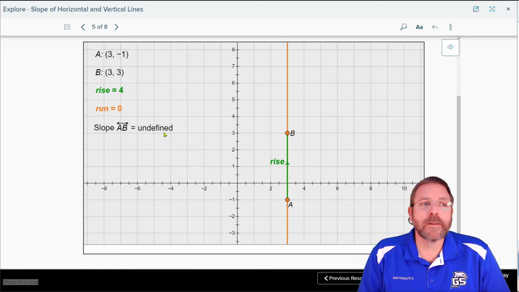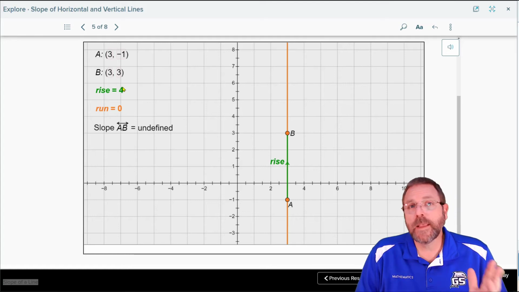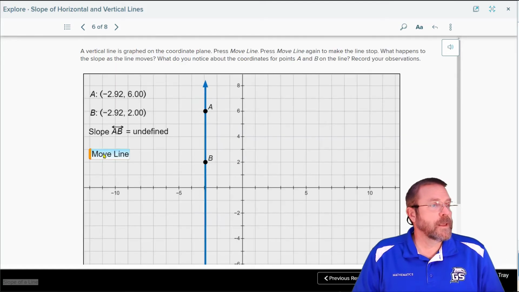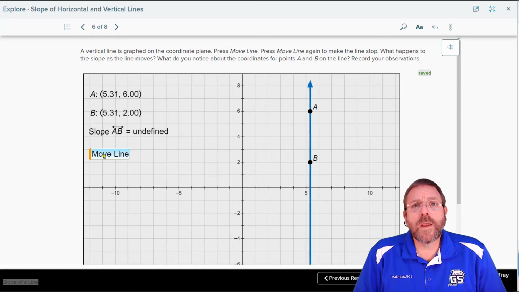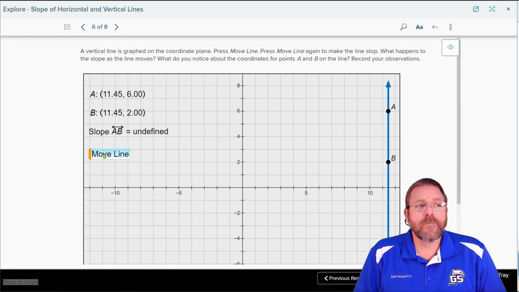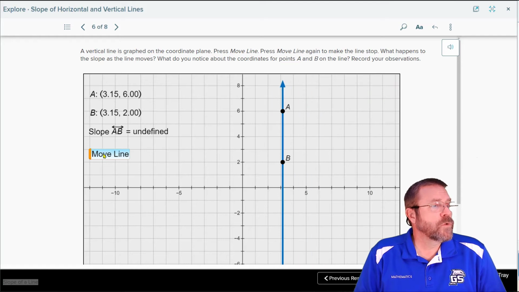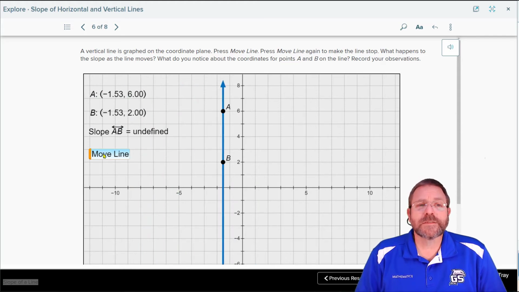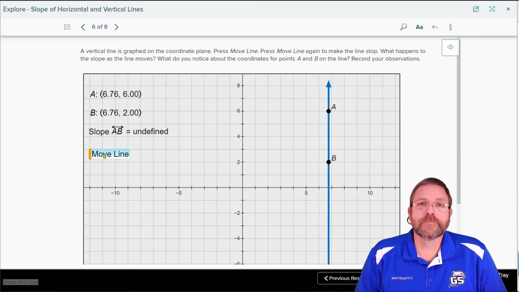It's undefined, because you cannot have any parts of nothing. And just like last time, it doesn't matter where in the graph it is. If it's going to be straight up and down, your answer is still going to be undefined, because the denominator, your change in your x value, is still going to end up being 0.